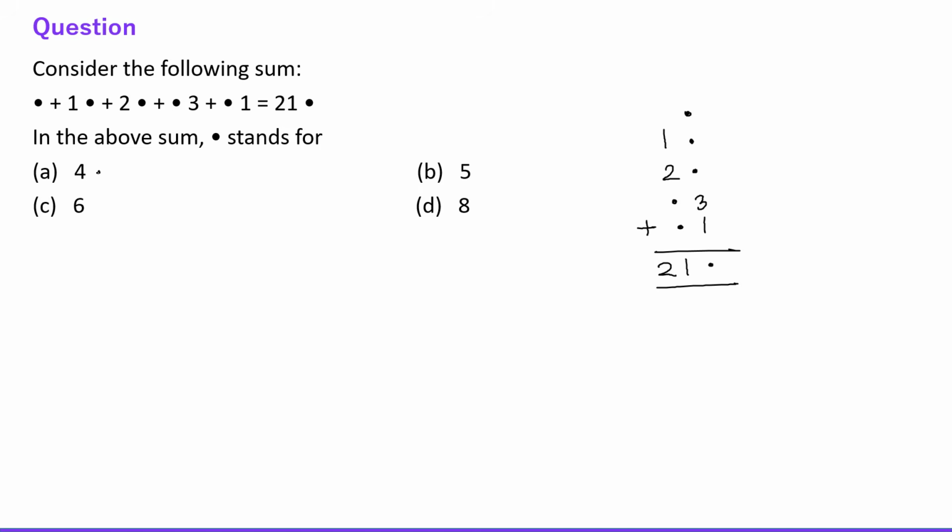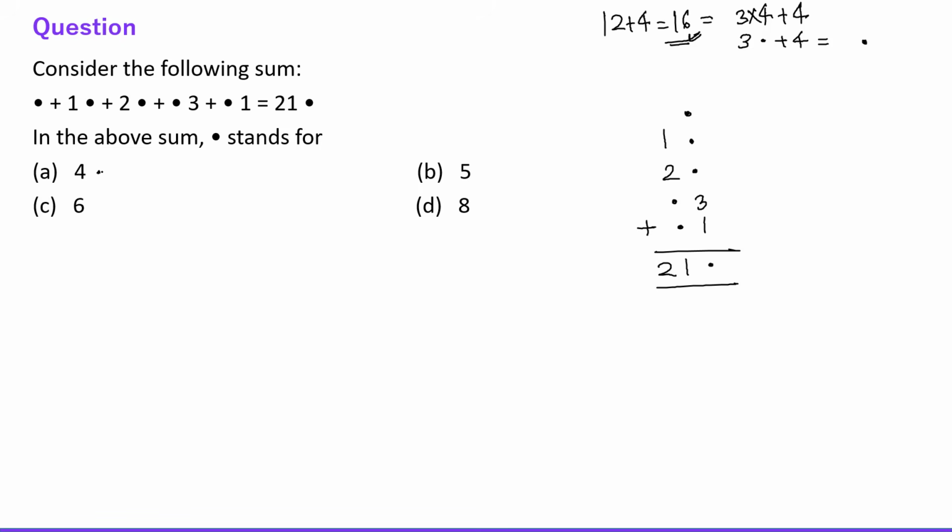This is 4, right? So 4 plus 4 plus 4 plus 3 plus 4, so this will become 3 times dot plus 4, and that should be giving the unit digit as dot. If I'm putting dot as 4, then 3 into 4 is 12, 12 plus 4 is 16, so the unit digit is 6.